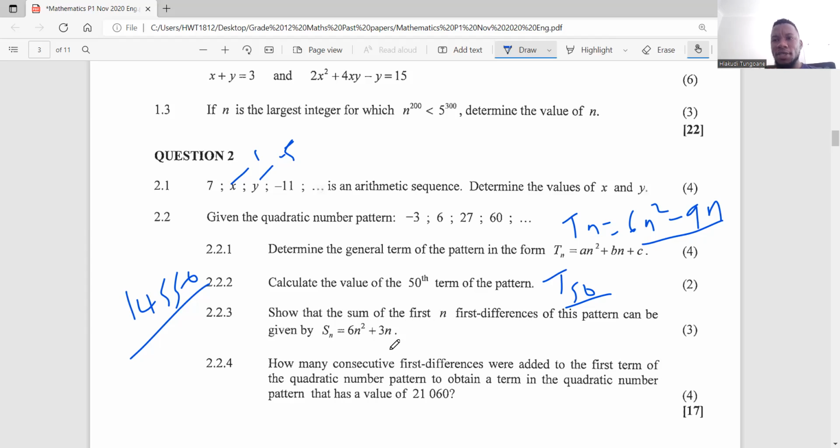Remember, we said that the sequence formed by the first difference of a quadratic is an arithmetic sequence, because when you take the difference of that sequence, you get a constant. So what they're asking us here is to derive the Sn formula for the first differences sequence. That's quite a mouthful. So let's see what they want us to do. We need to look at our first difference formula.